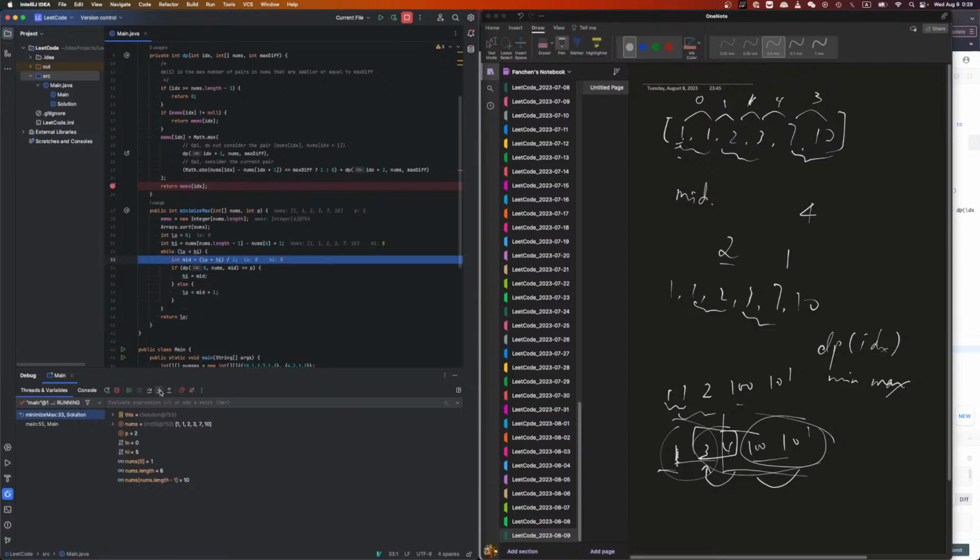Okay. So this mid is going to, mid is equal to 2. Right? Mid is equal to 2. So we shall find 1 pair, 2 pairs.